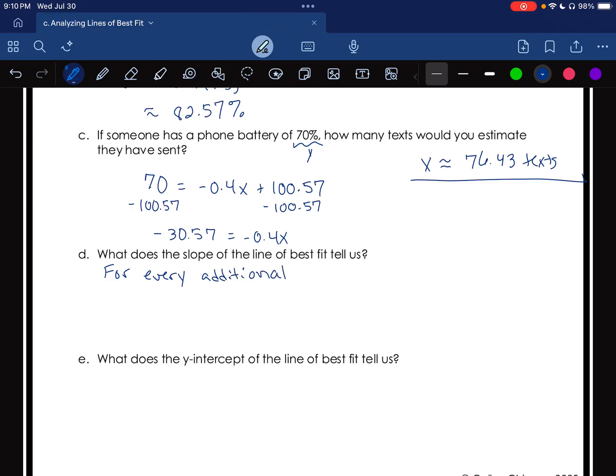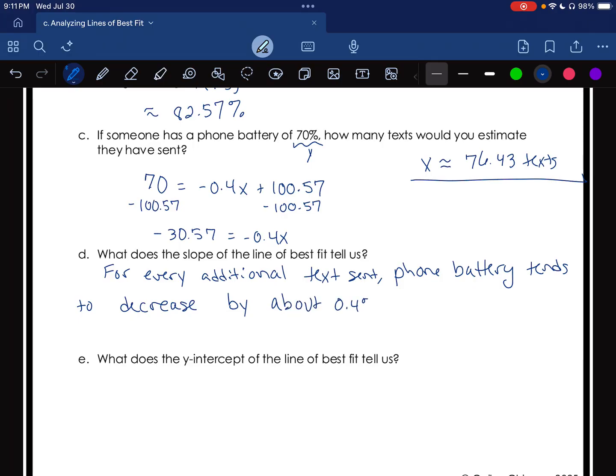So before sending any text, or after sending 0 texts, however you want to word that, a phone's battery would be about 100.57%. Hopefully that makes you stop and think, what?